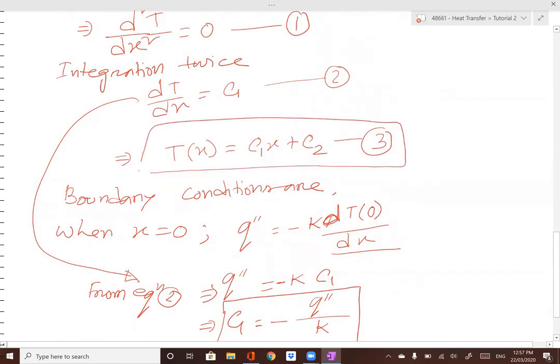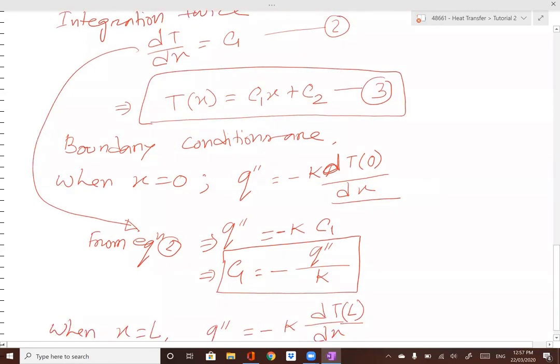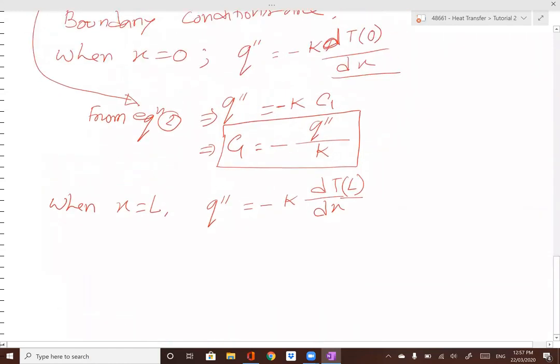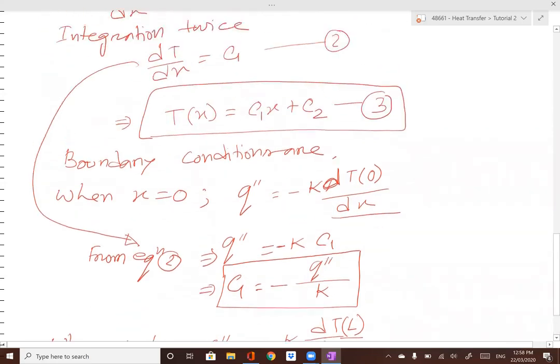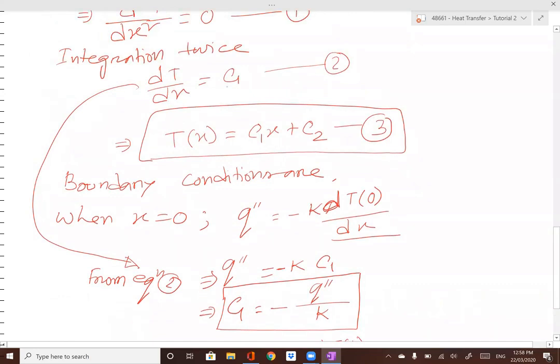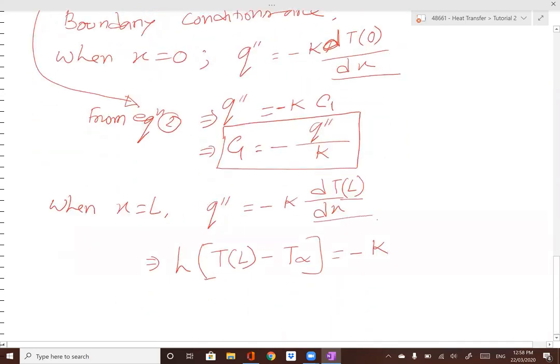So the heat flux related to convection, h times temperature at L minus surrounding temperature, and the right-hand side is minus k dT/dx, which from equation 2 is C1.